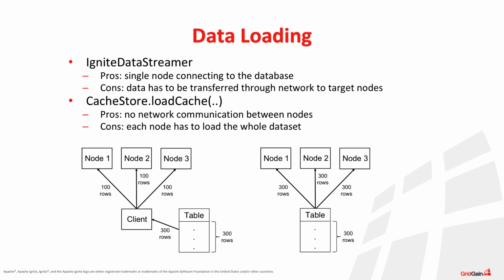But the problem here is, first of all, that it's a single point of failure. If this client node fails, you have to restart the loading process. And also it can be a bottleneck, because this client node transfers all the data from the database, and then it has to transfer the same amount of data to the cluster.